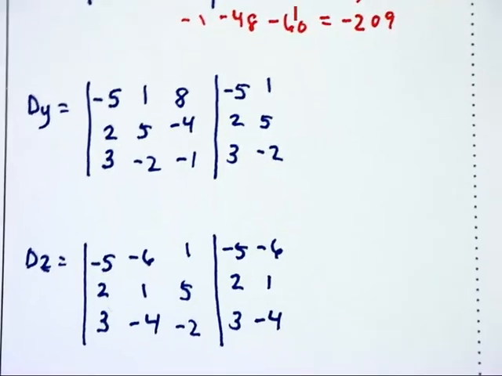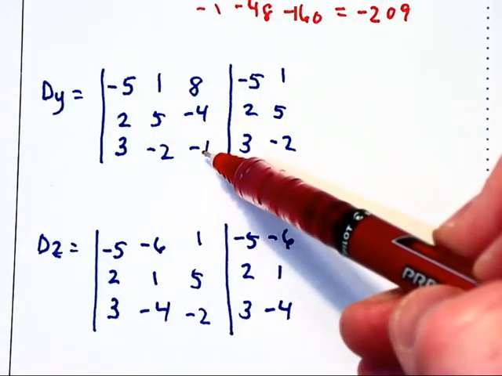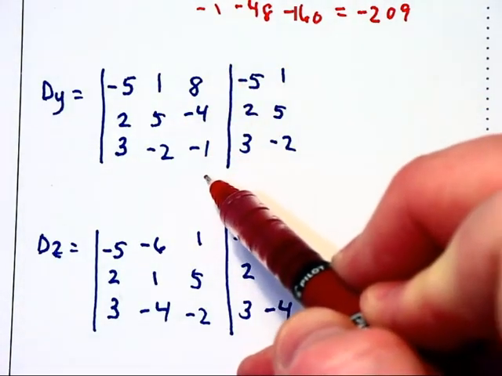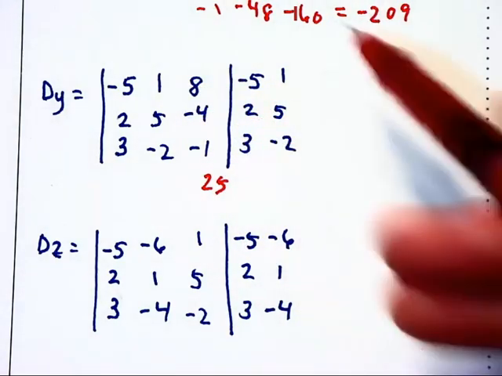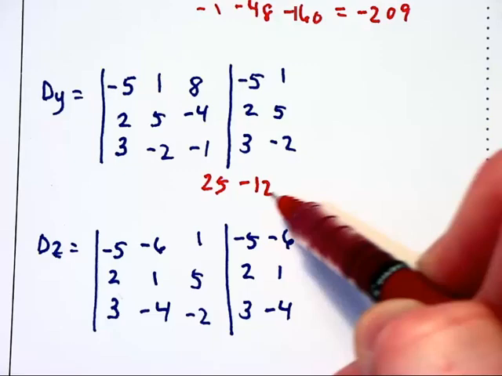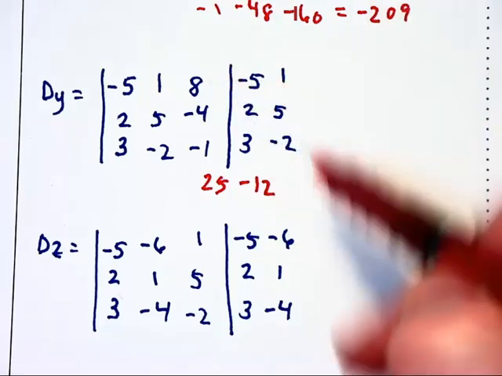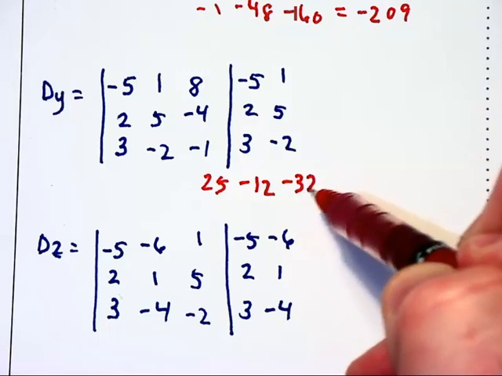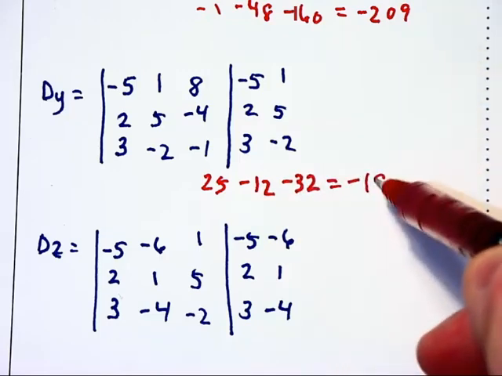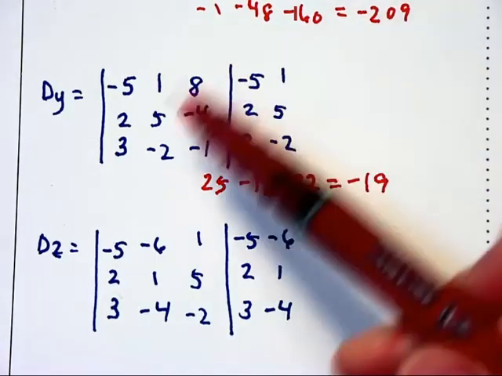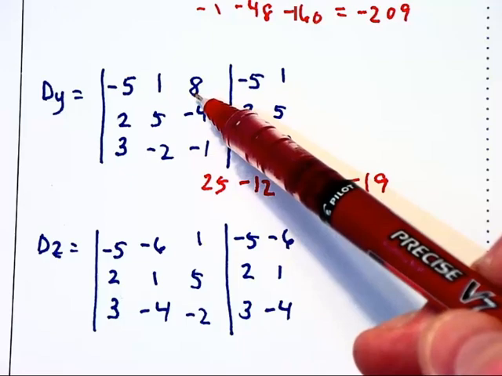Okay, moving on to dy. First diagonal, negative 5 times 5 is 25. Second diagonal, 1 times negative 4 times 3 makes negative 12. Third diagonal, 8 times 2 is 16, times negative 2 is minus 32. And 25 minus 12 minus 32 is negative 19. Multiplying upward, 3 times 5 is 15, times 8 is 120.